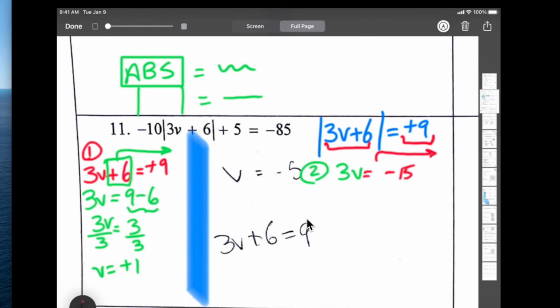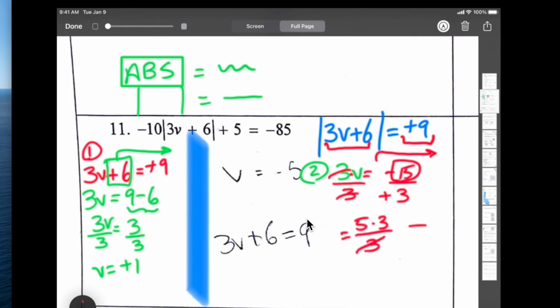Not done yet. We have to get rid of that neighbor. That neighbor is being multiplied by v, therefore we divide. V equals minus 15 over 3. We have a negative divided by a positive, therefore our final answer is going to be negative. What is that answer? I'm going to break 15 into 5 times 3.